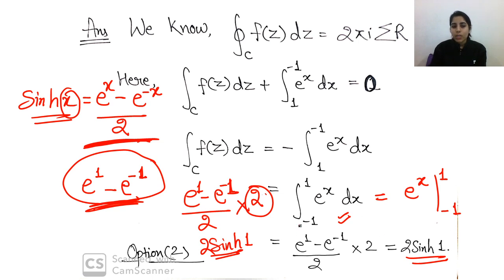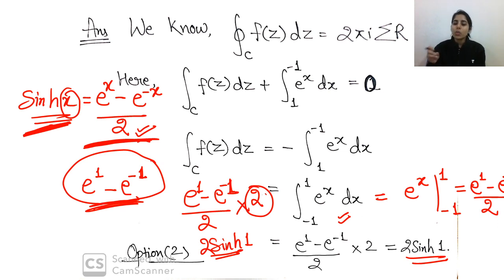Yes, Souvik. See, after putting these limits of integration, you are getting e to the power 1 minus e to the power minus 1. Done? But to make it like a sine hyperbolic expression, in the denominator 2 is present. Clear? So to convert it into the sine hyperbolic form, you have to divide by 2 and you have to multiply with 2 as well, because you can't just divide and not multiply.